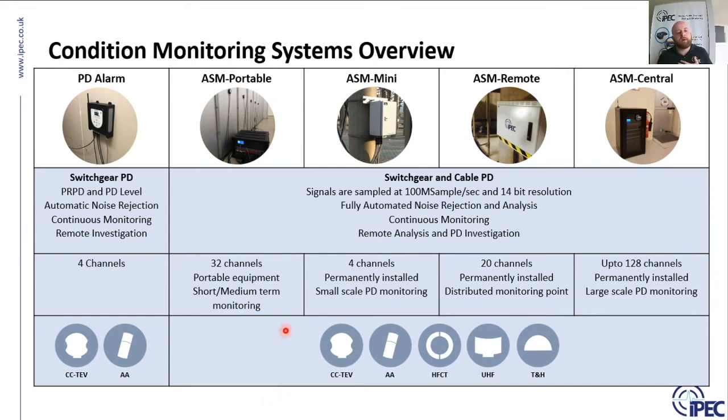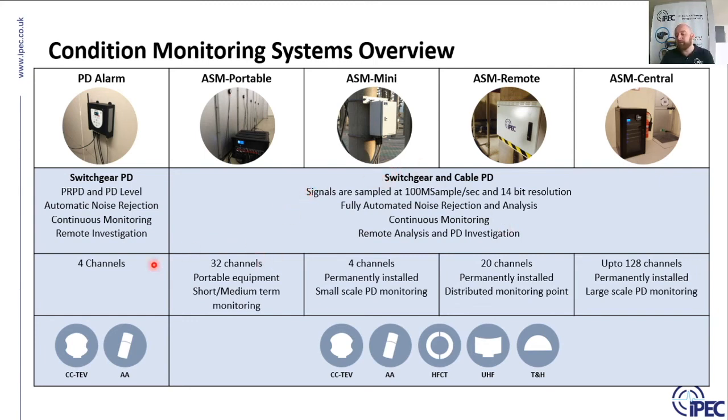So although the individual components are different shapes and sizes and different design, the operation in terms of how we acquire the data, how we process the data, and how we display the data to the customer is the same across the board. So we've now brought them together in the ASM series range.